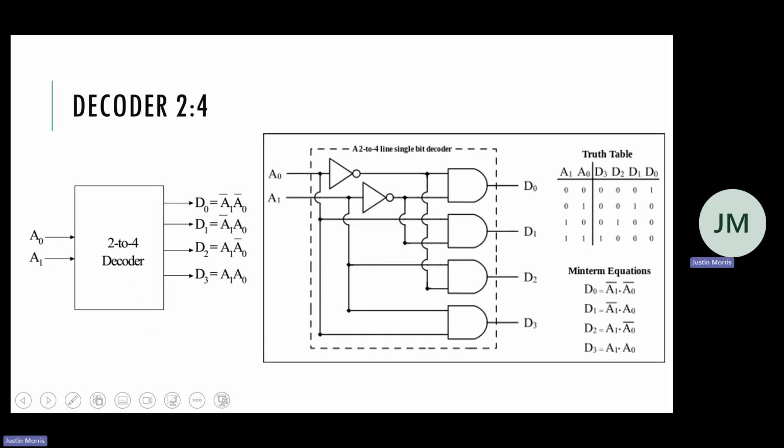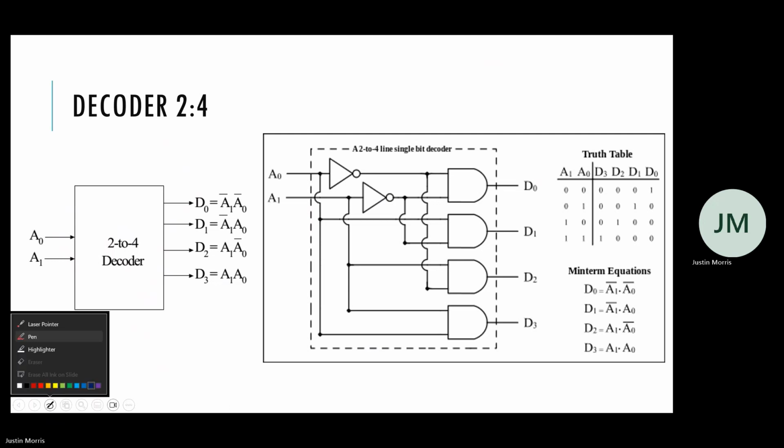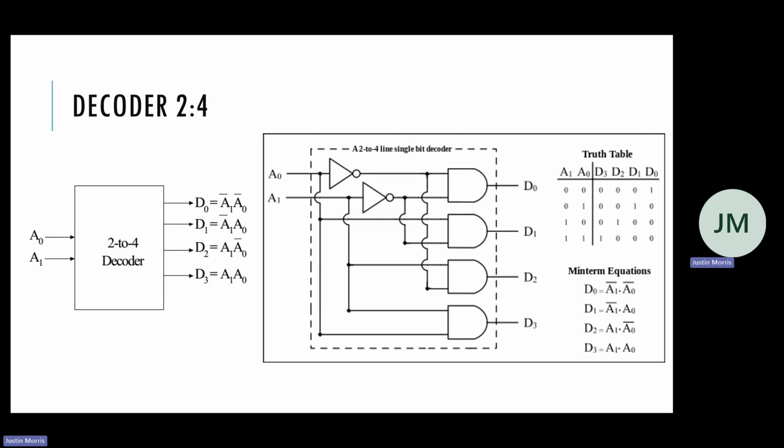So the next component is a decoder. And again, decoders are relatively simple. We're going from a smaller bit input and decoding it into a larger bit width output.